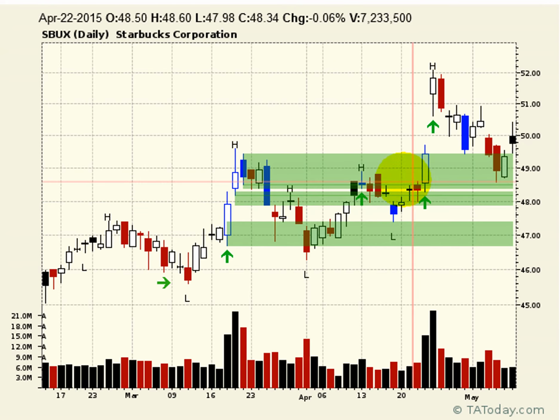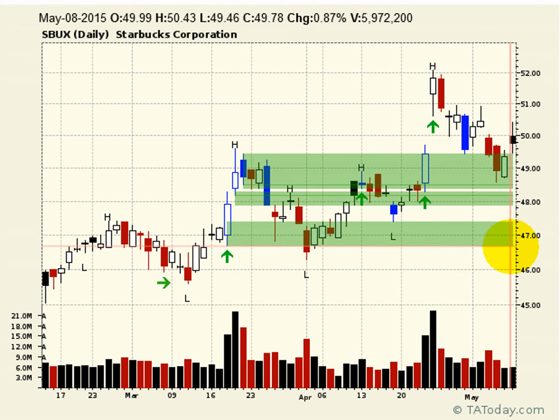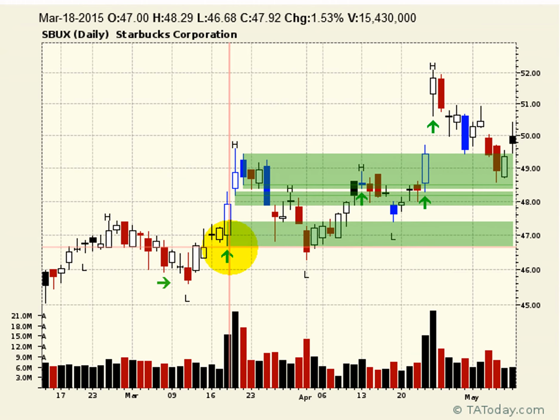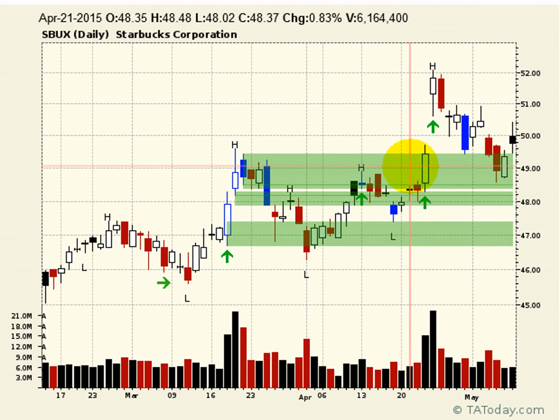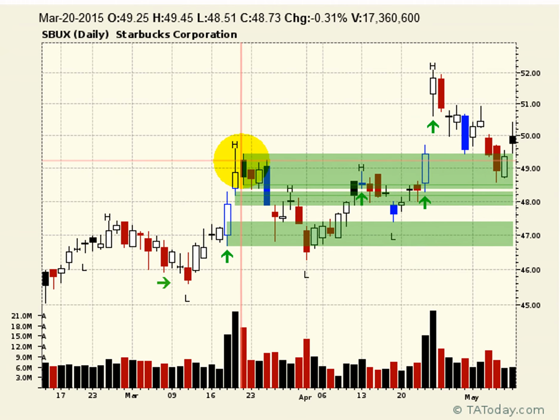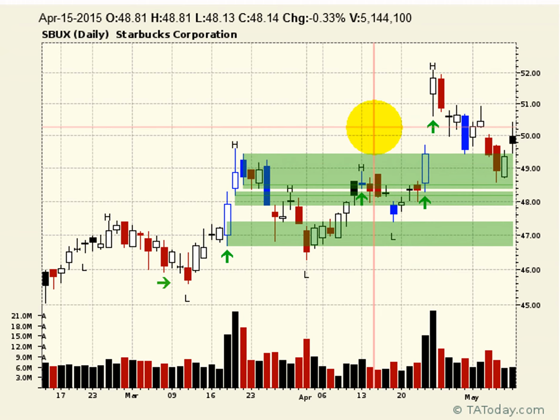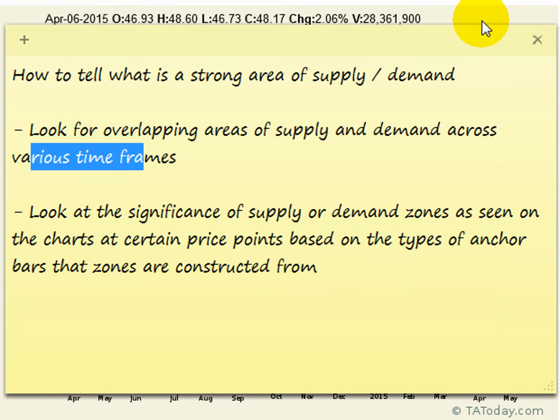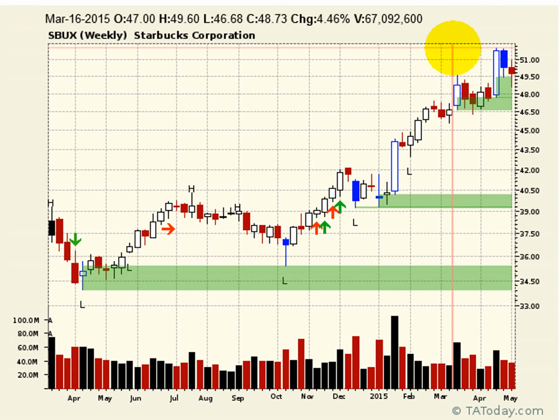So if I come back to Starbucks, I can see that the demand equation here runs from about 46.80 or so, it looks like this low, which is roughly 46.70, up to this high almost, or this one, and that's about 49. So about 46.70 to 49 should be a pretty strong supply or demand equation.